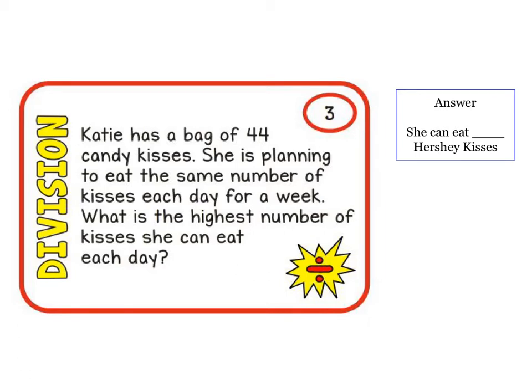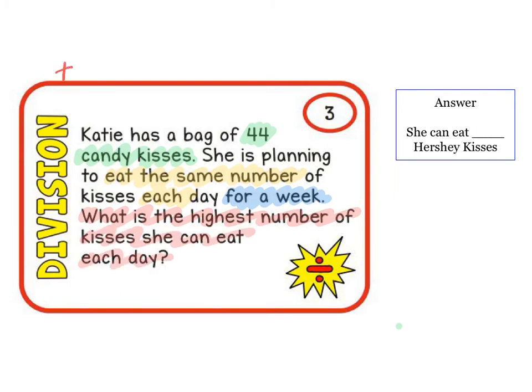Okay, so I know that there's a total of 44 candy kisses. She's going to eat the same number each day. So that tells me I'm going to divide. For a week tells me the number of groups. And the question is asking me, what is the highest number of kisses she can eat each day?